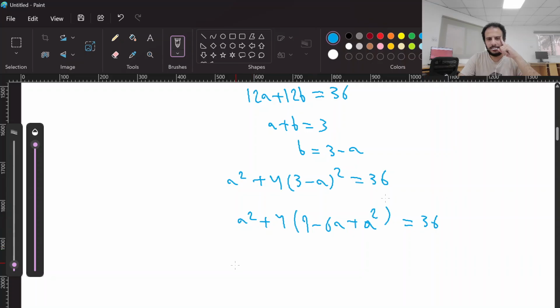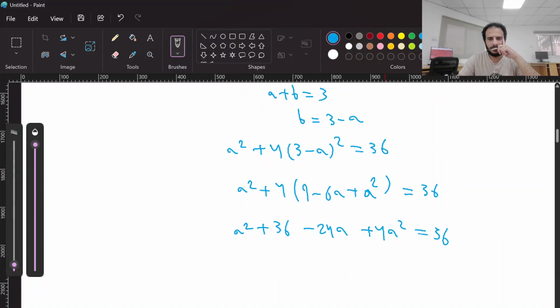Next, we have a squared plus 36 minus 24a plus 4a squared equals 36. Next, 36 cancels with 36, right? Next, we have 5a squared minus 24a equals 0.